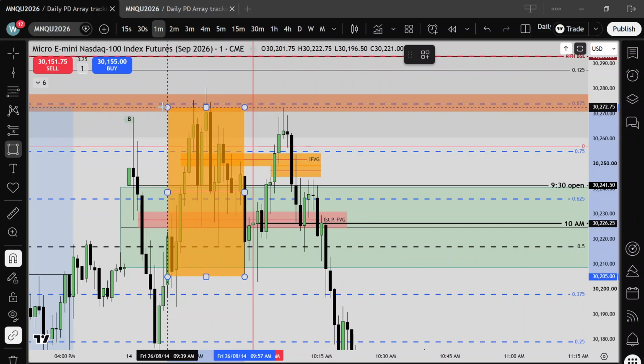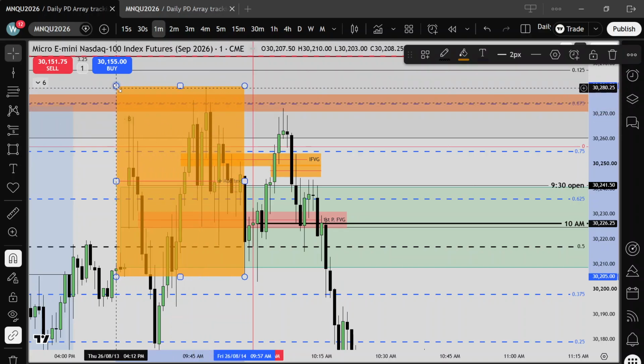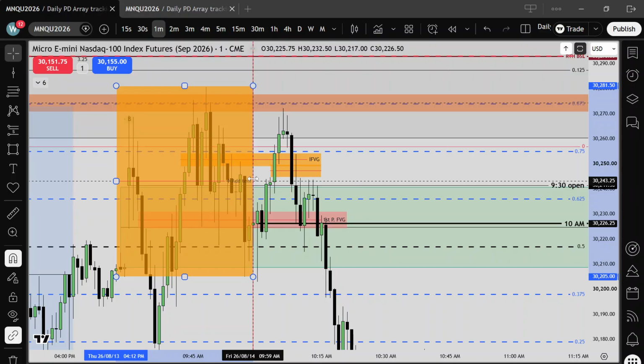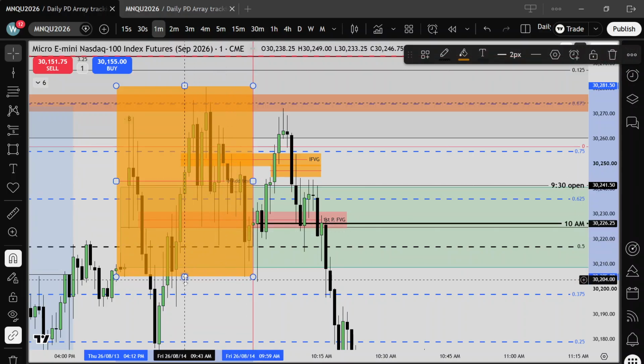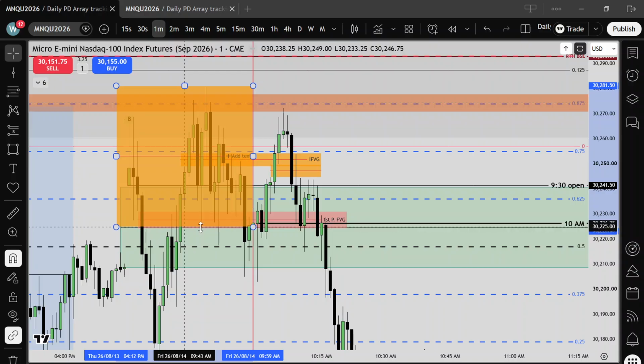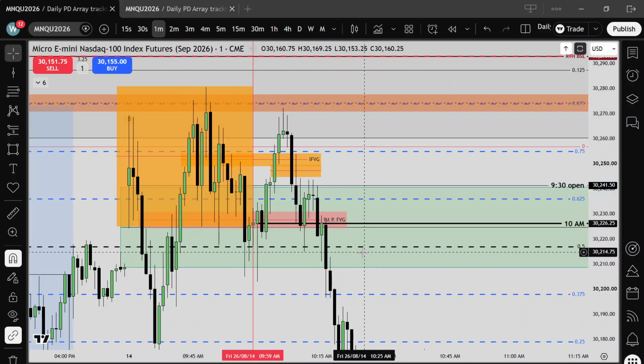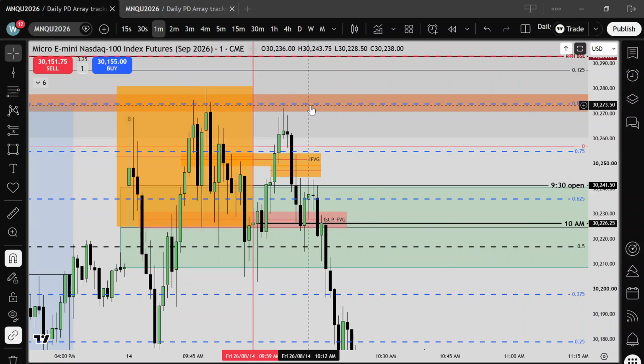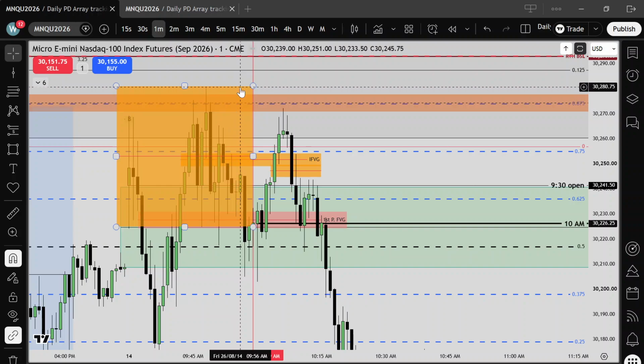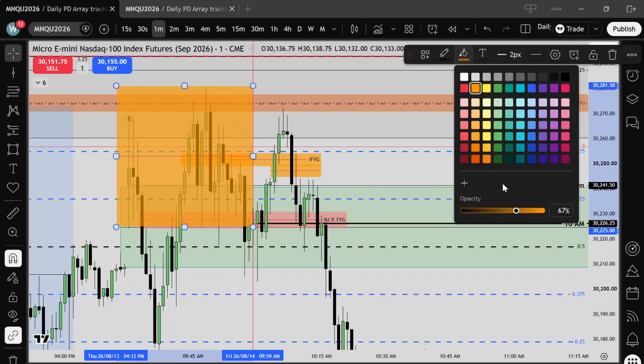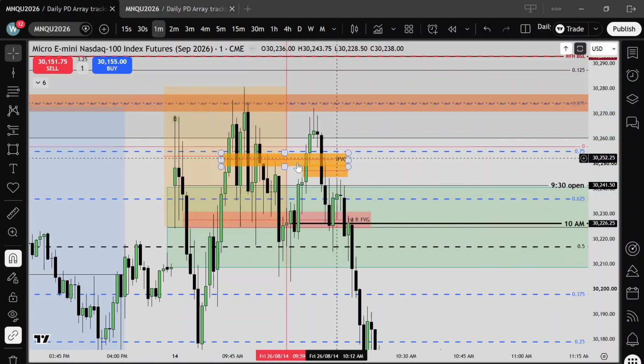So we're basically looking for anything above this, anything from here up. We're looking for a place to get short. And so you have that inversion on those octants that you could use.